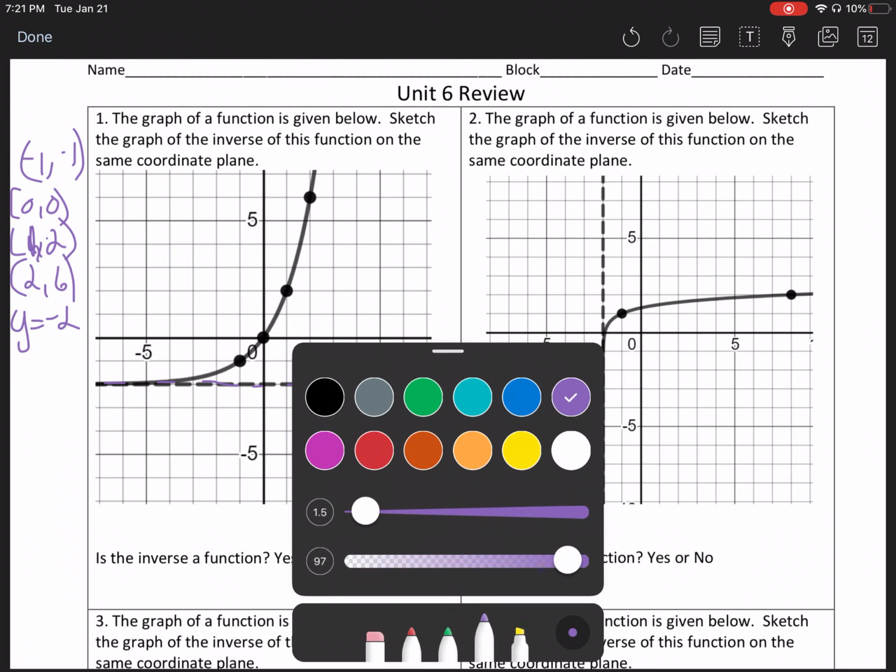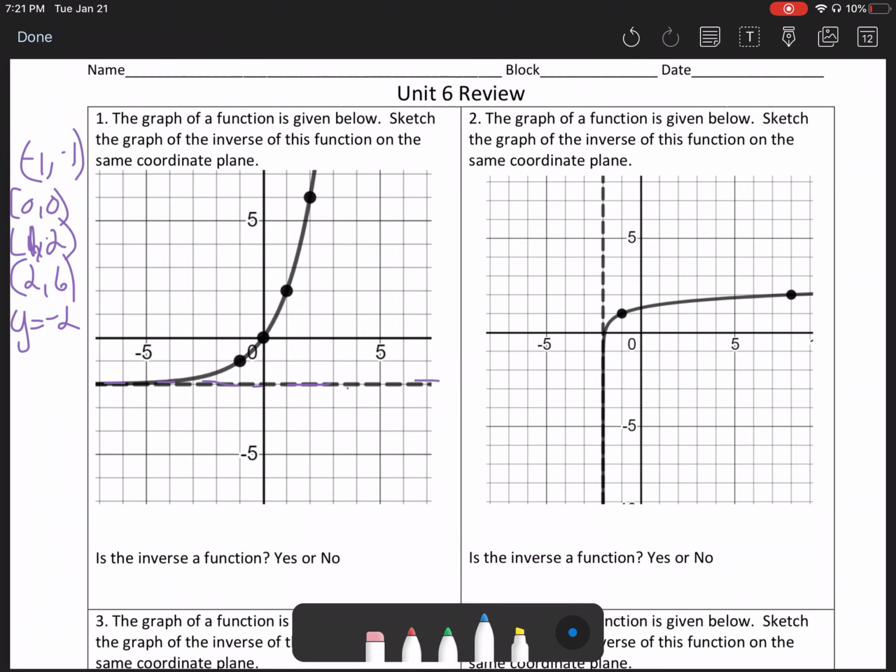Now, before I move on to the graph, first off, it says, is the inverse a function? You can actually tell if the inverse is a function even before you graph the inverse by drawing a whole bunch of vertical lines. My original graph is a function because it passes the vertical line test, which means when I draw vertical lines, it only intersects the graph once.